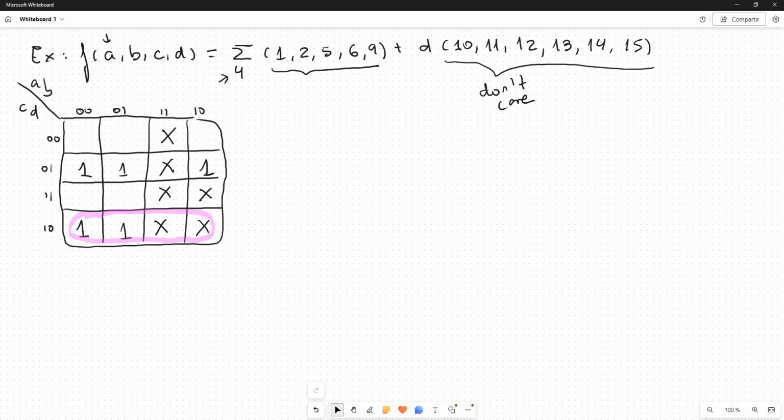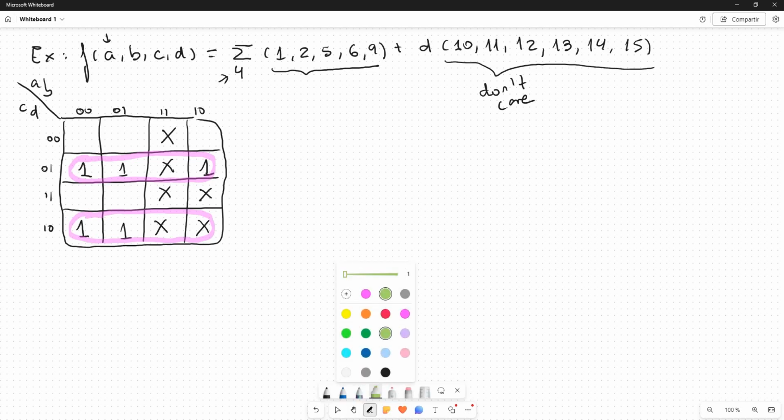So we can do the same for covering these ones. But we can use the X to form a larger allowed group of ones. We may, for example, do this. We may do it, but we don't need it because this one here is already covered.